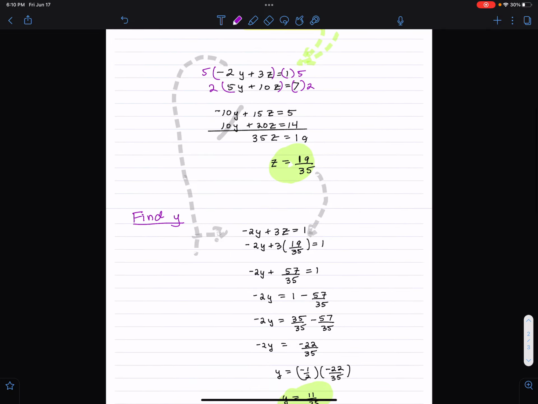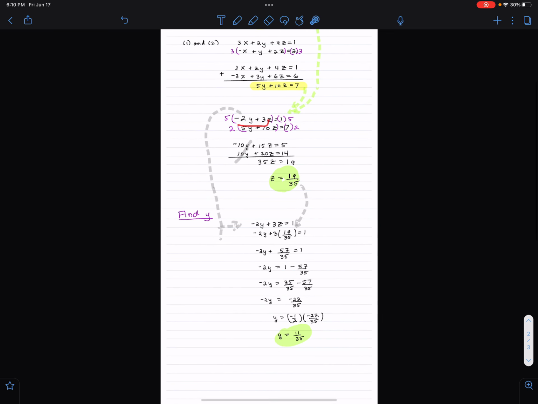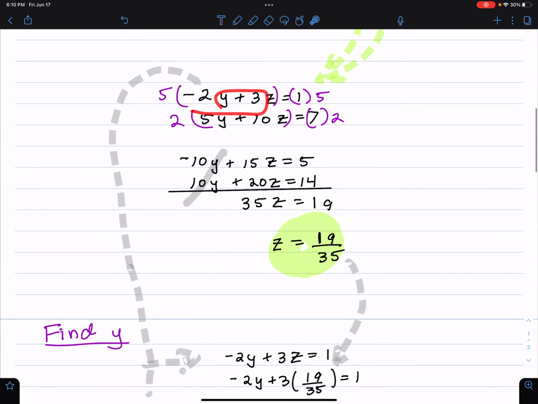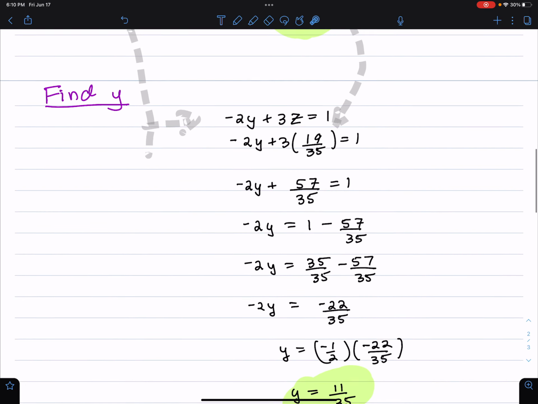I had z, and I had these two equations that had both y and z, and they both could equally work to put in z is 19 over 35. So if I had z, then I can find y. So I found y. That's why I did that, because I had these equations that had z and y.